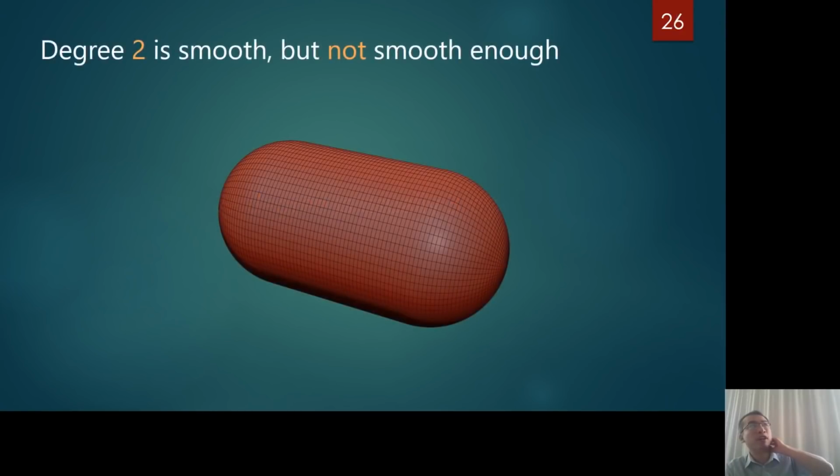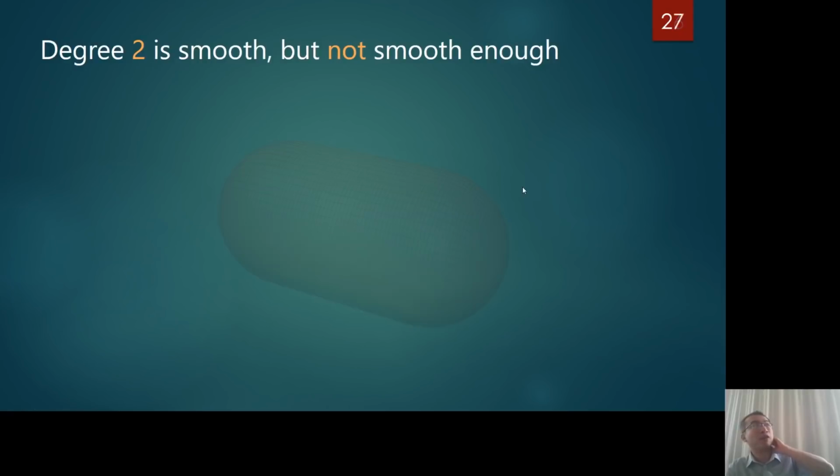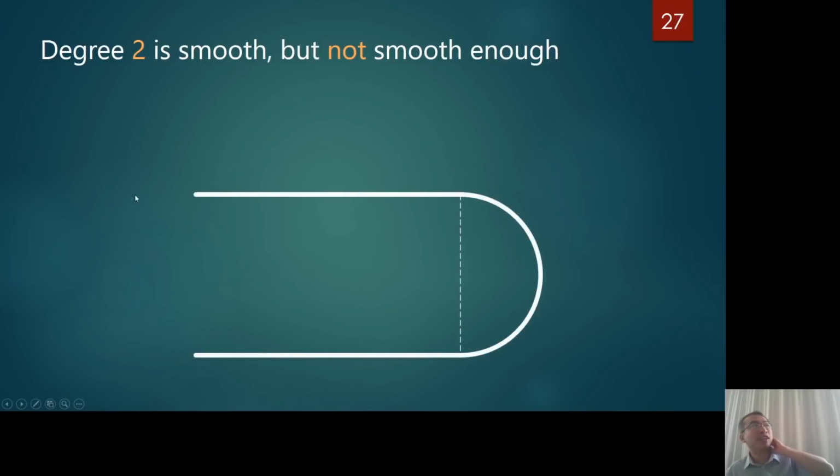What I mean by smooth enough is, if you look at this capsule surface, it is a smooth surface for sure, but it's not smooth enough in the sense that if you look at this cross section here, and look at the orientation of the surface, if you draw out a normal vector, they will just point upward, and the normal doesn't change. So the rate of change of the normal is 0. Okay, and then for this part, the normal changes at a constant speed, right?